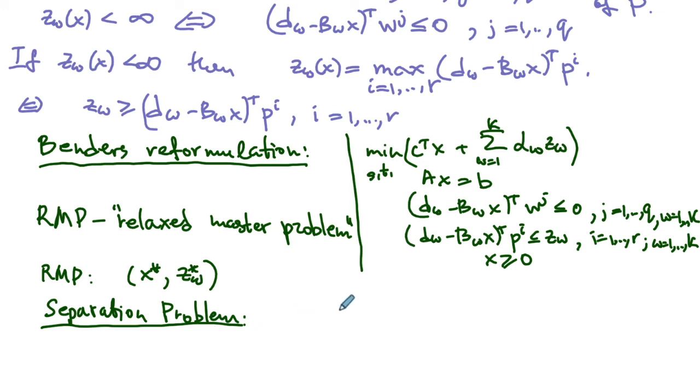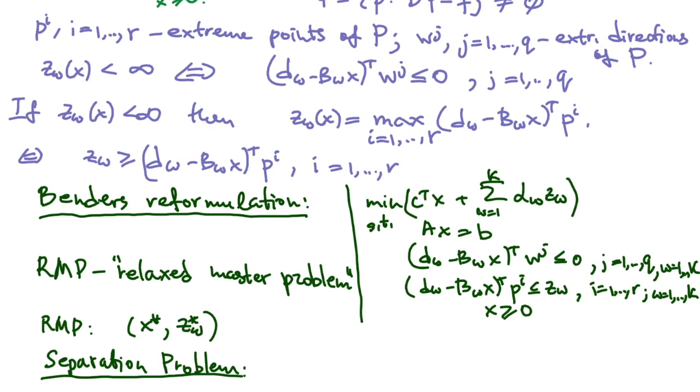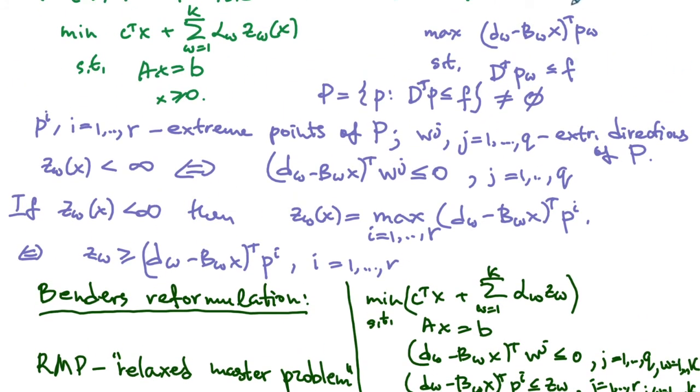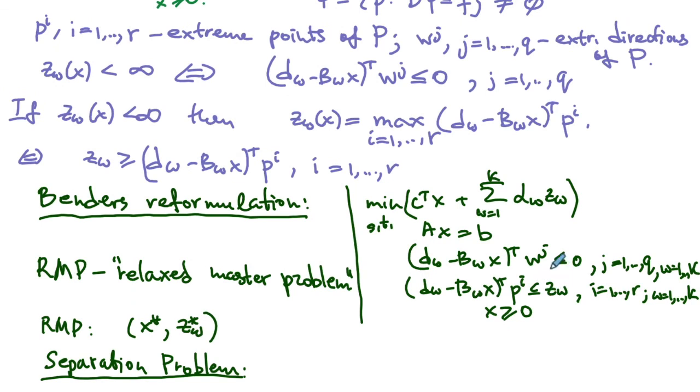And for us to solve the separation problem, we need to solve the scenario dual for every scenario, right? So we are solving this problem right here, and as a result of solving this problem, we either produce unboundedness, in which case we are going to generate a direction that will violate this constraint here, so we'll have greater than 0 for the given direction. And if this is the case, we are going to add this constraint for the extreme direction that we produced.